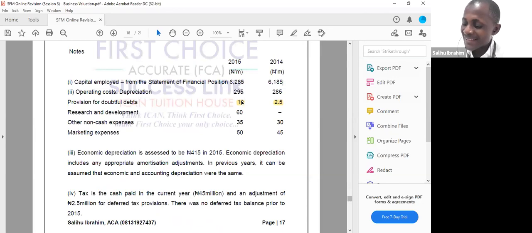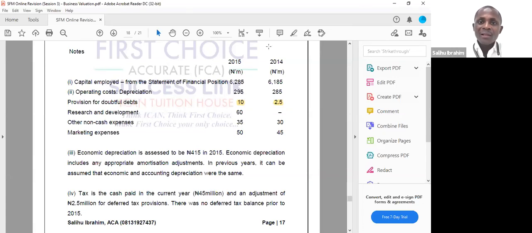So it means that in 2015, our provision has increased by what? By 10. Look at it. Increase in 2015 is 10. And the total at the end of 2015 is 22.5. So what should be the total at the beginning of 2015? Let me give you that assignment now. Take your pen and your jotter, okay? 12.5, good.